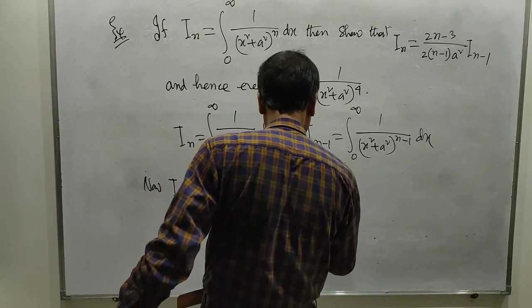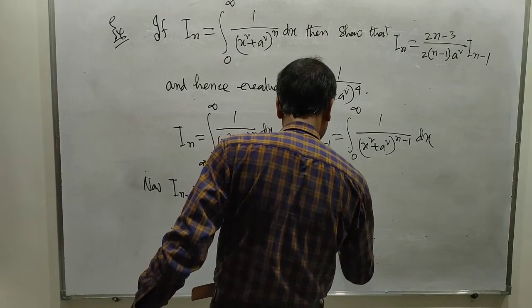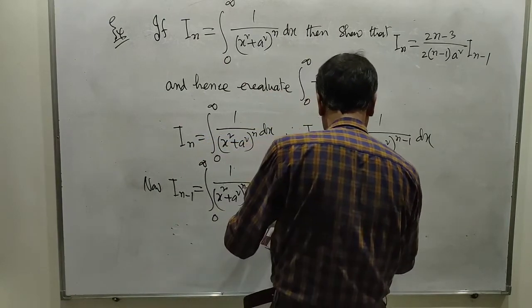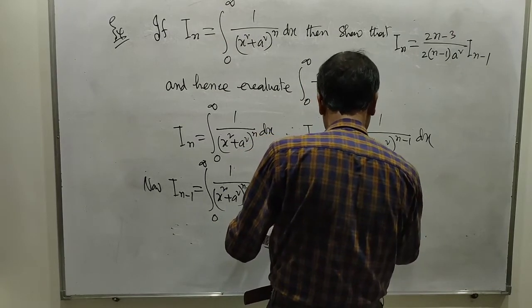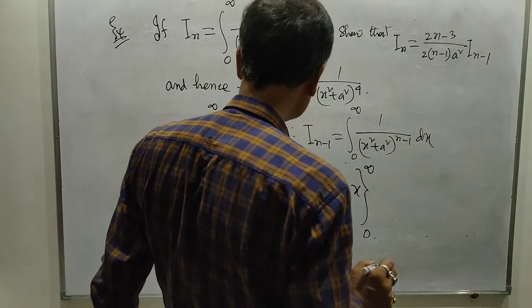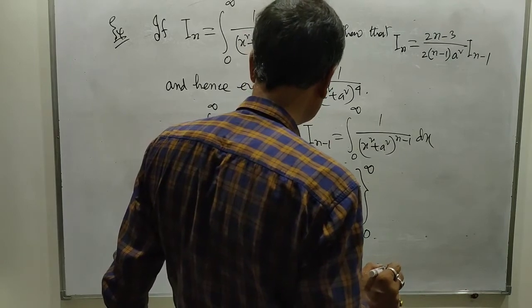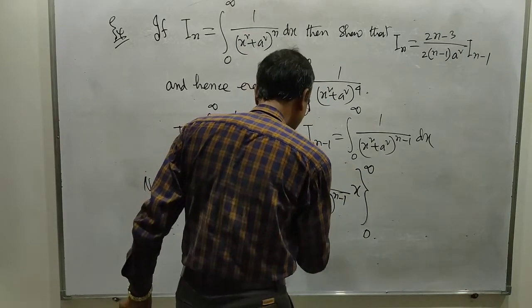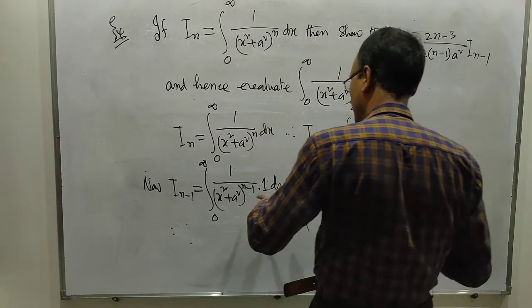This is equal to first function, 1 by (x square plus a square) whole to the power n minus 1, into second function x, from 0 to infinity, minus the integral from 0 to infinity.